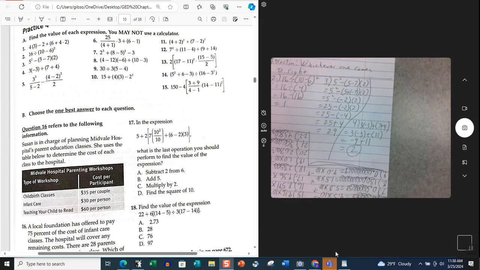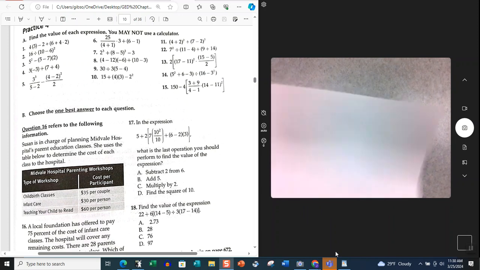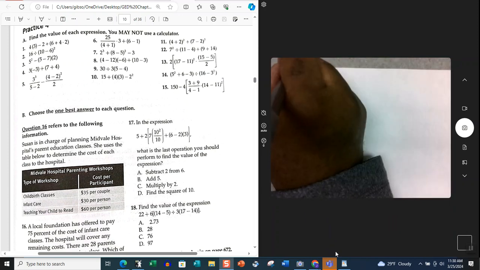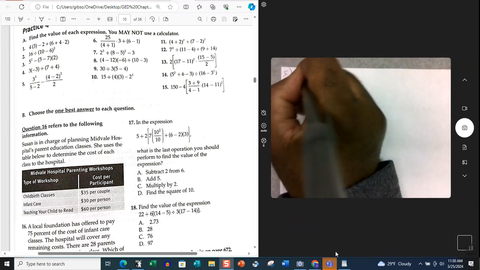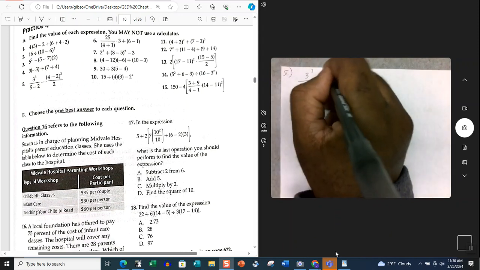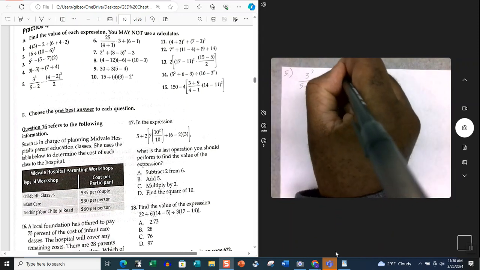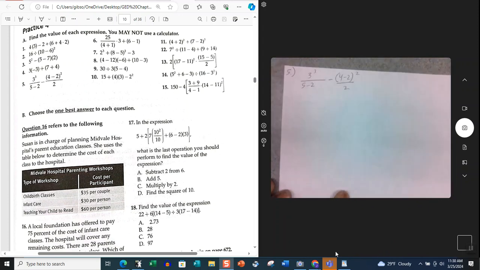Okay, now we move on to problem number 5. We have 3 to the third power all over 5 minus 2, minus 4 minus 2 squared all over 2.